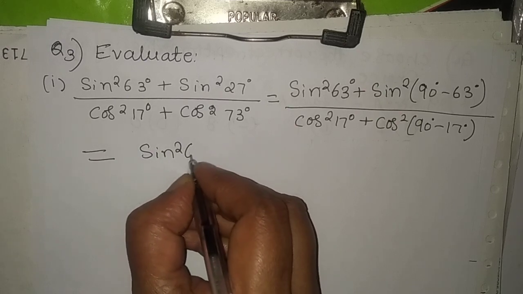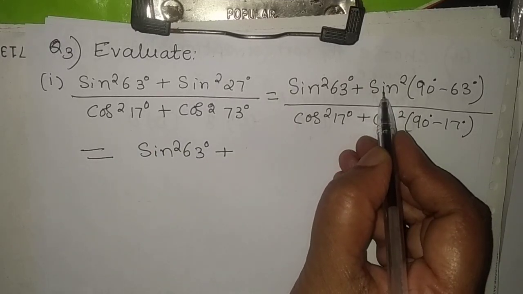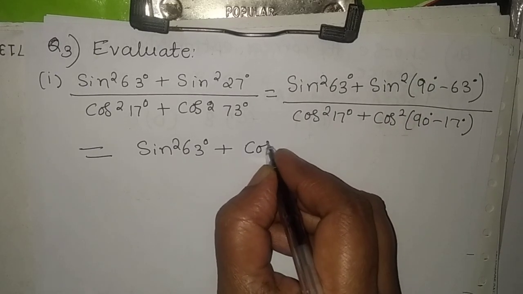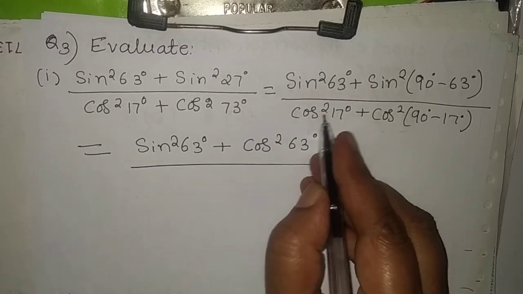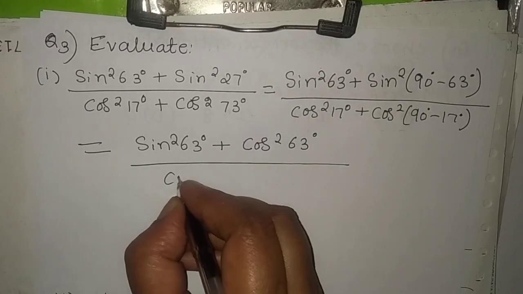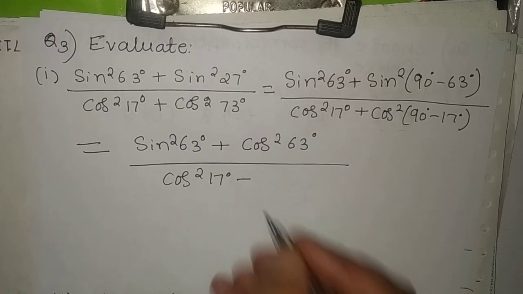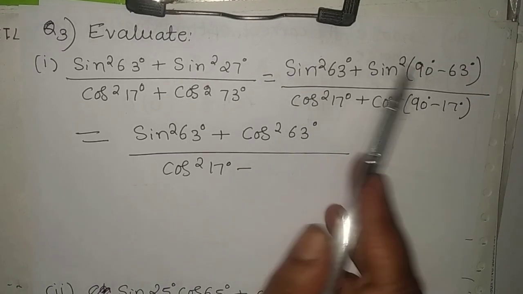sin square 63 degrees plus this sin square of 90 minus 63 can be written as cos square 63 degrees. Similarly this one write as it is, cos square 17 degrees plus, so just bring it to this form.